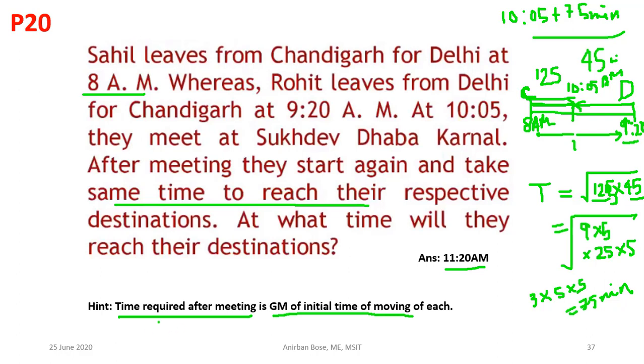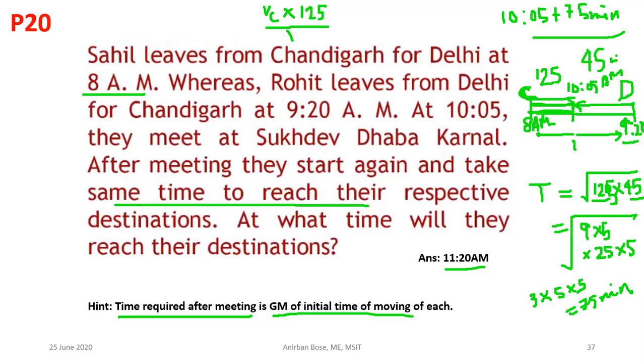Here also, why the geometric mean, it is very simple, that I can show you. If the velocity of Sahil, who is starting from Chandigarh, is VC, then in 125 minutes he will travel VC into 125. So that is this distance, right? Then what is the time taken by Rohit to cover this distance?